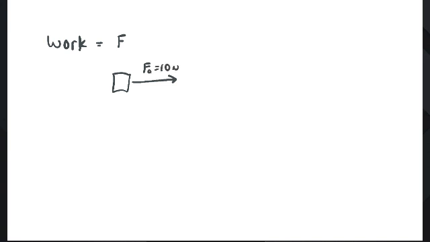If the object is moved a distance parallel to the applied force, a distance of 10 meters, to figure out how much work is done, you'd multiply the two together, and we come up with the work done is 100 joules.